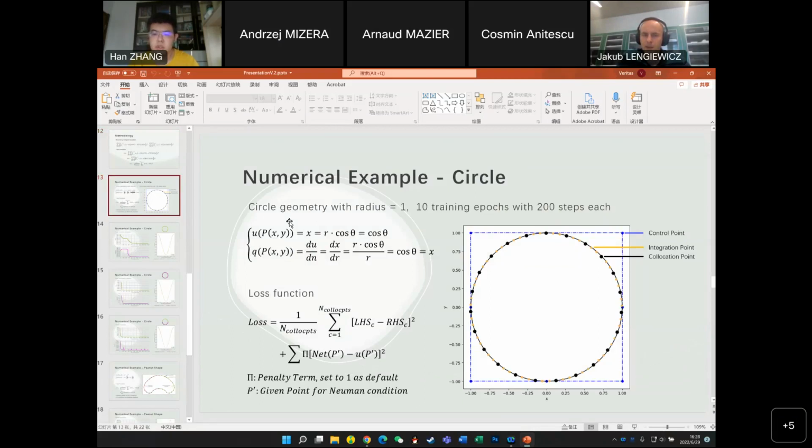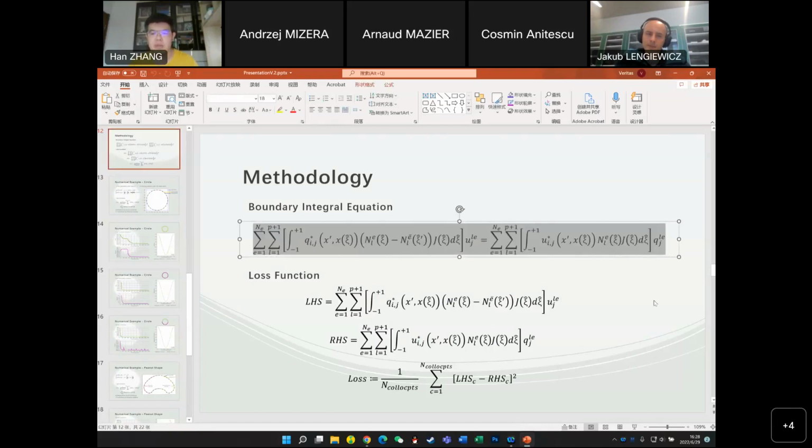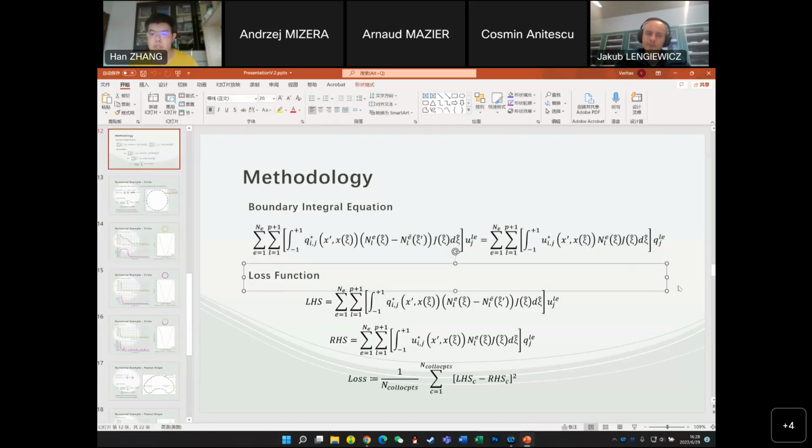So again, what does it mean that you are increasing the number of collocation points during the training? Yeah. With each collocation point, we will only form one boundary integral equation.